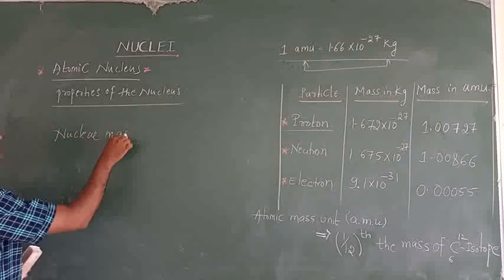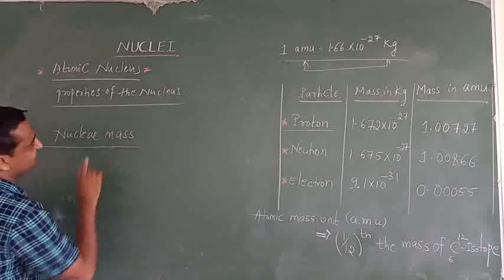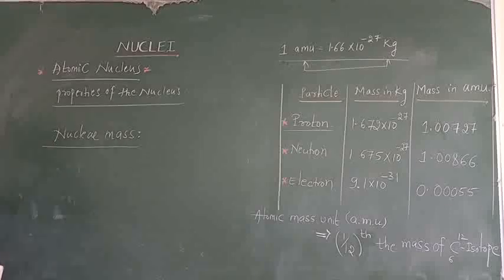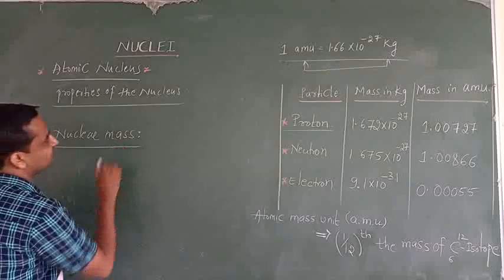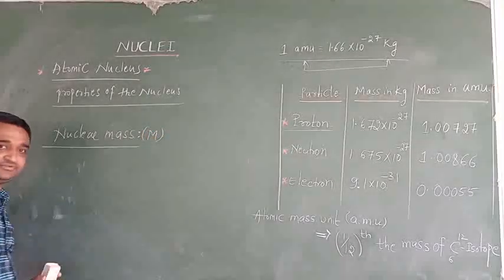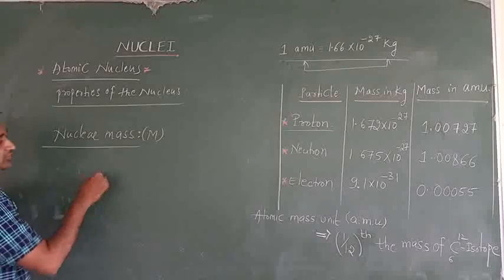Nuclear mass. So all these points are very important. These are the basic points to discuss the next points related to the properties of the nucleus, as well as the next concept in the chapter Nuclei. So how are we going to represent the total mass of the nucleus?